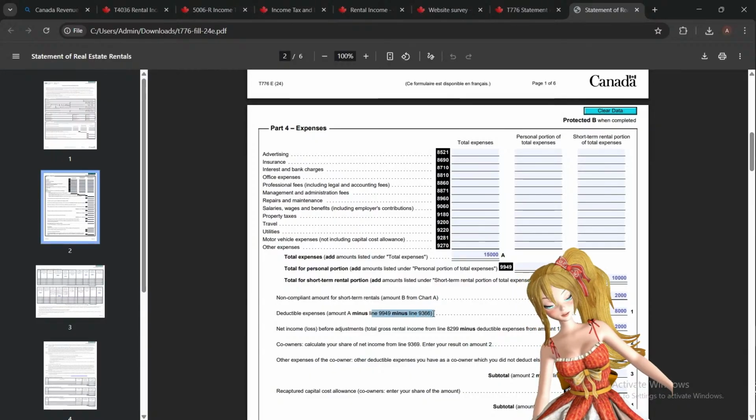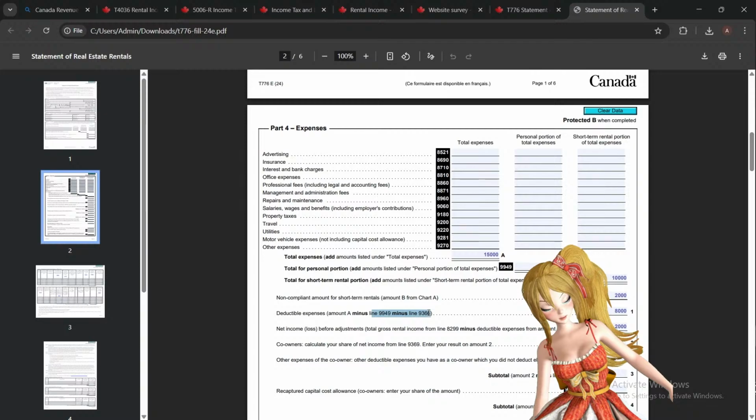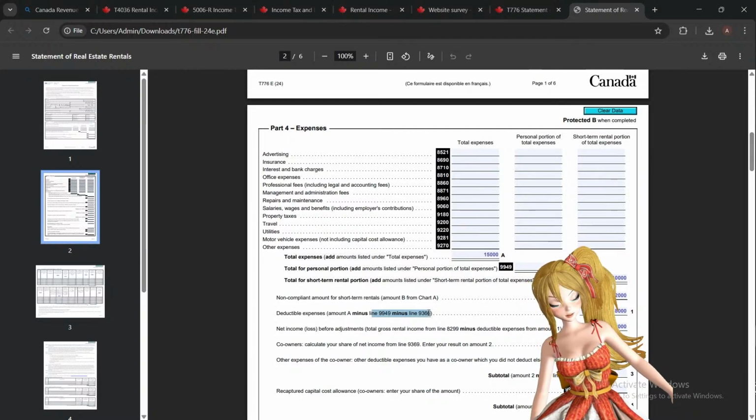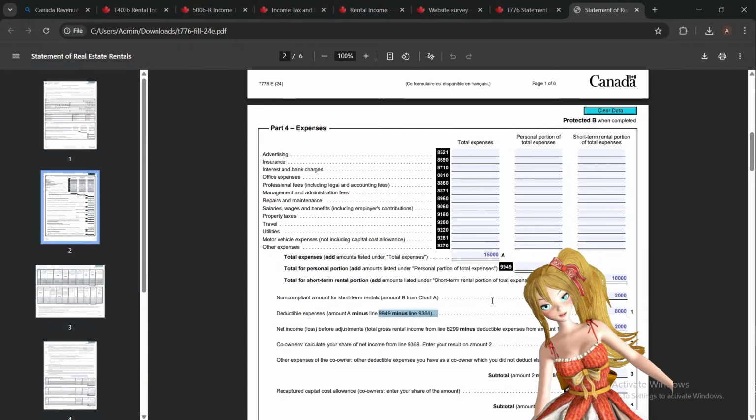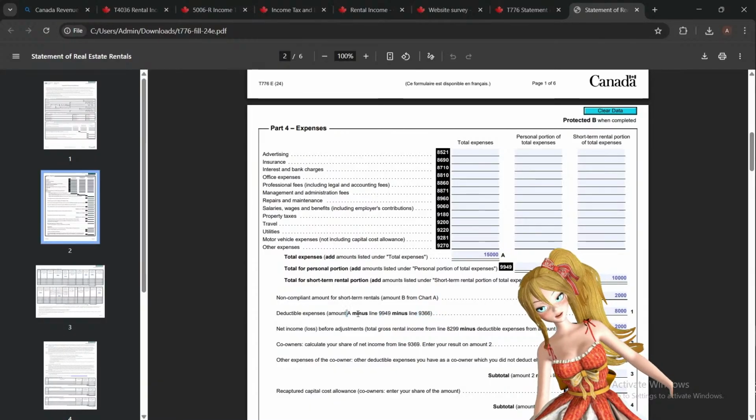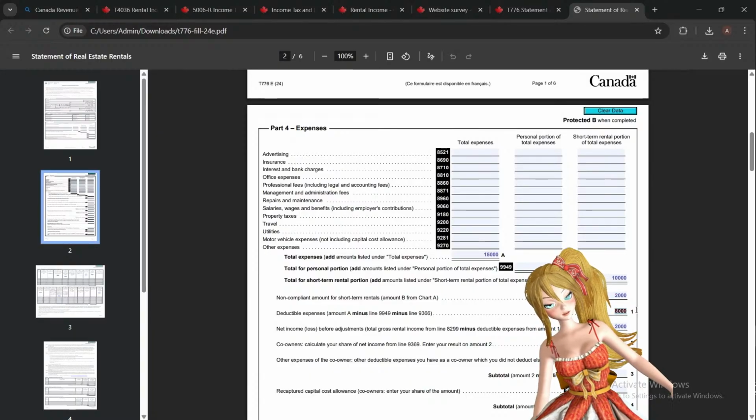Right? Because if it was normal, if the non-compliant amount were added to the deductible, then it would be 15,000 minus personal amount minus non-compliant, 10,000 minus 2,000.